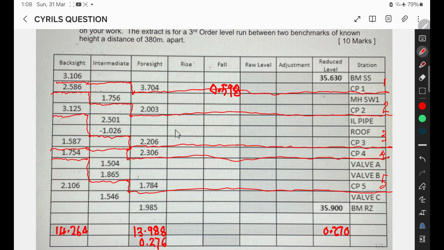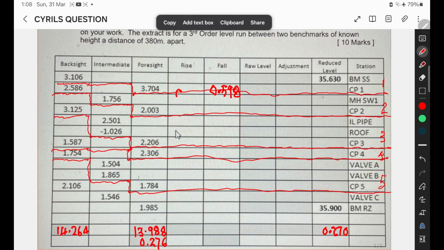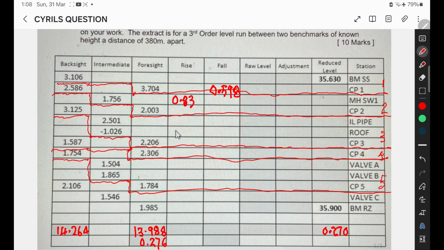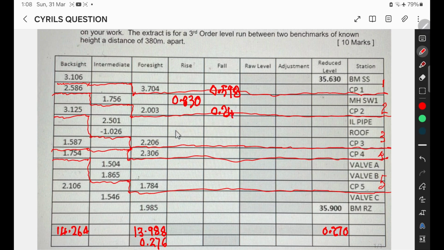We've got 0.830 as a rise, and 0.274 as a fall, 0.247. That's a fall in there, so that's that one minus that one. The falls will be negative, but we just put them as positive in the fall column.